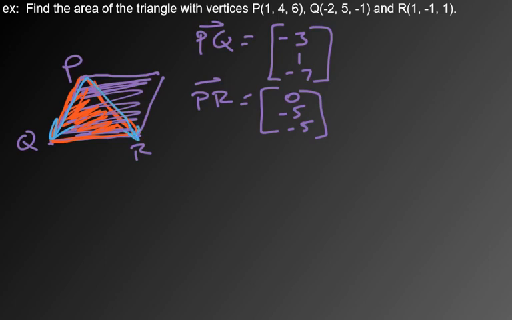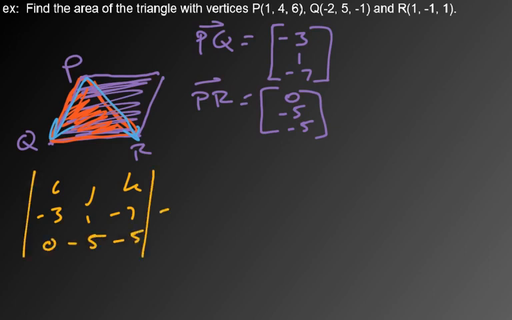And if I just take their cross product, let's do it like this: I, J, K, negative 3, 1, negative 7, 0, negative 5, negative 5. So take that determinant. If you do that out, you should get the vector negative 40, negative 15, 15.